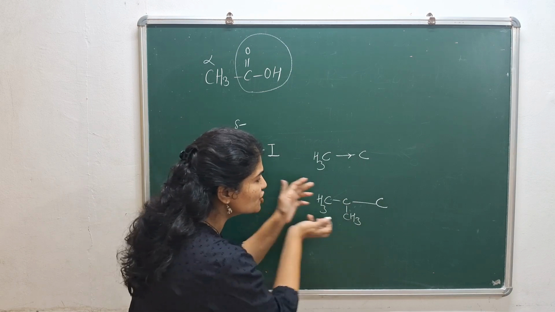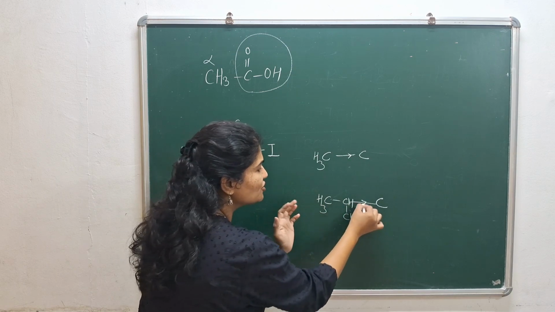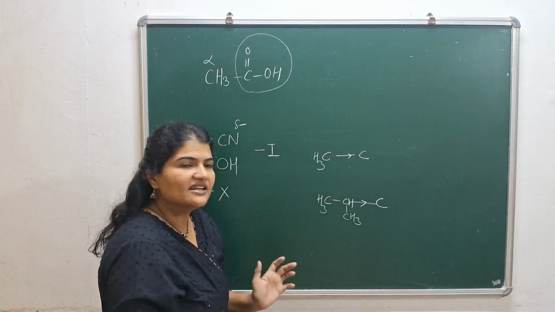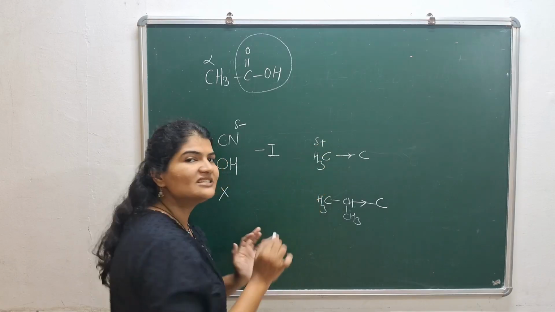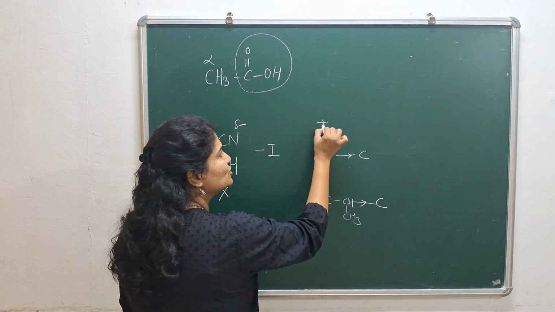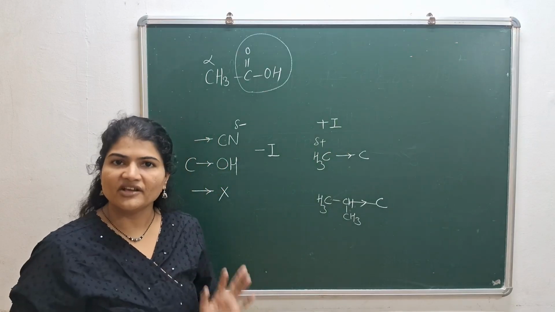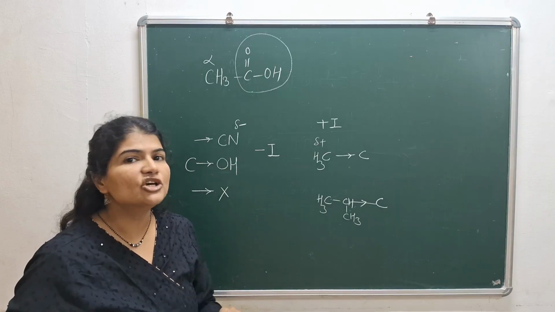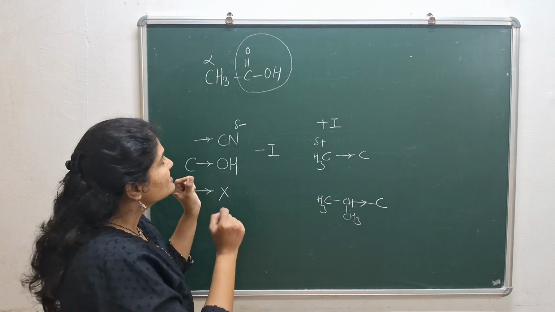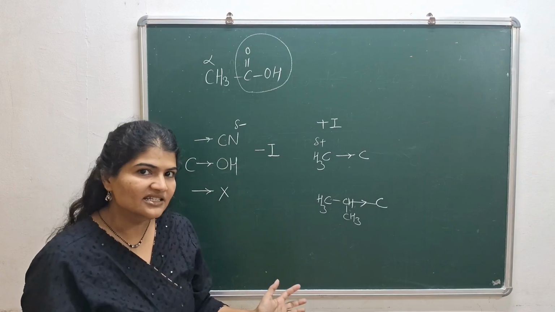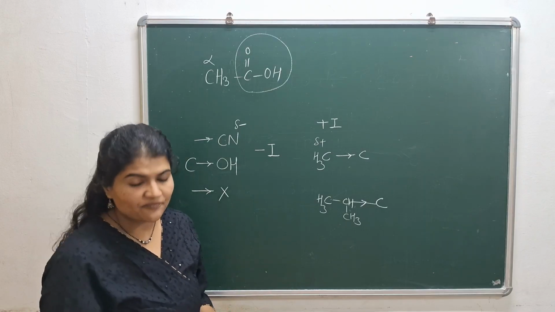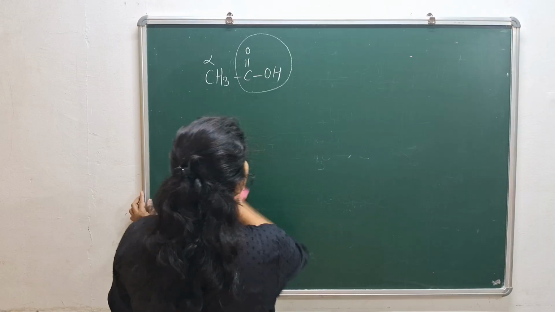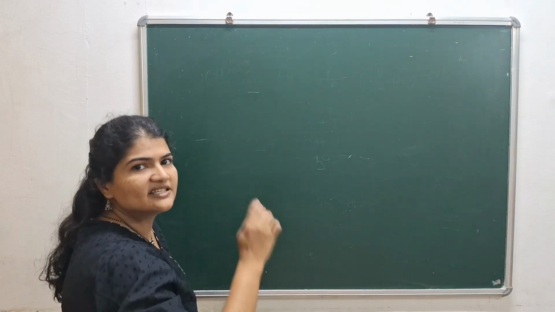These groups have the tendency to acquire a partial positive charge, and so they are said to have a positive inductive effect. Now this inductive effect is going to play the major role in deciding the acidity of acids whenever they are substituted. So now let's quickly see what happens when we actually substitute these acids.